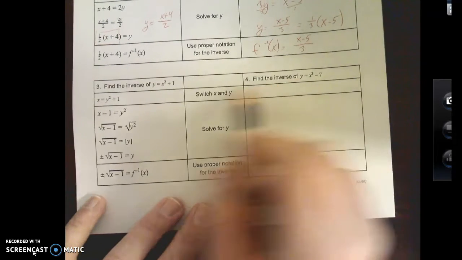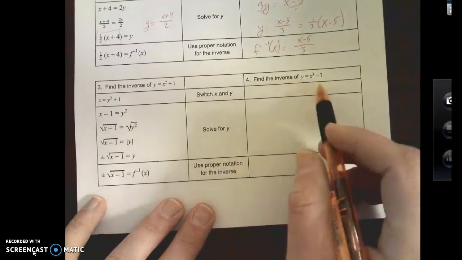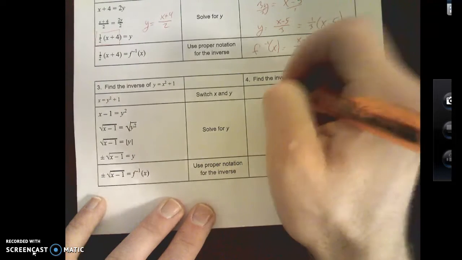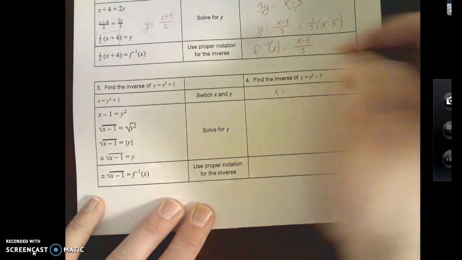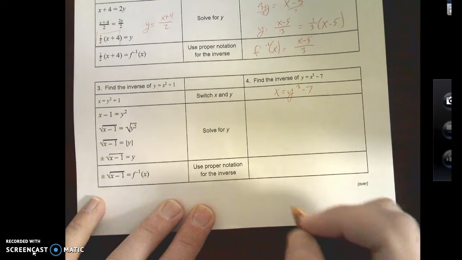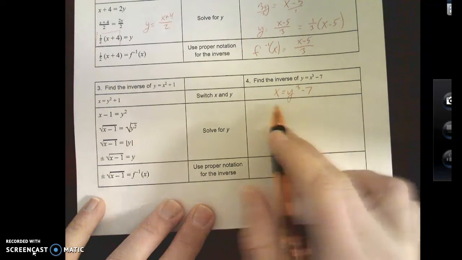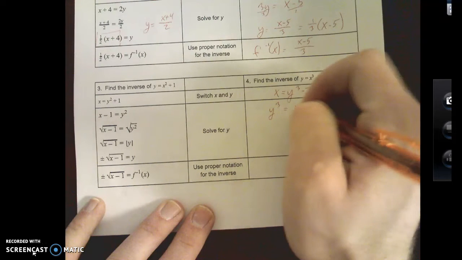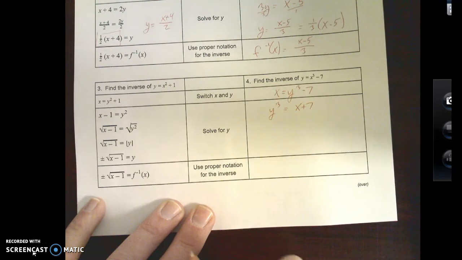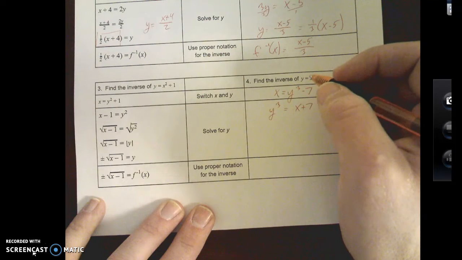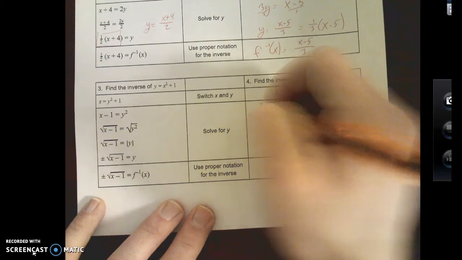Now, what's the thing that you notice from here to here? This isn't a squared, this is a cube. So I'm going to switch the x and y around. x equals y cubed minus 7. Now I'm going to solve for y. So I'm going to go ahead and add 7 over. Then I'm going to cube root left and cube root right.